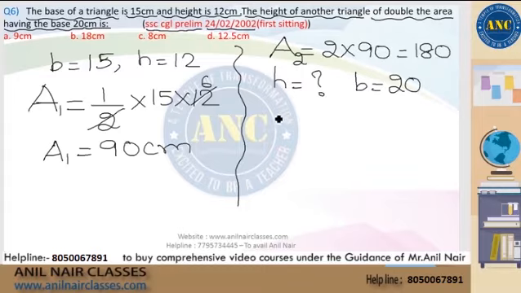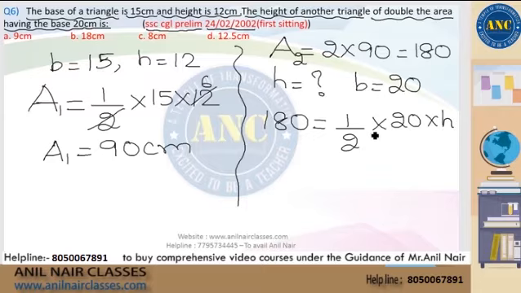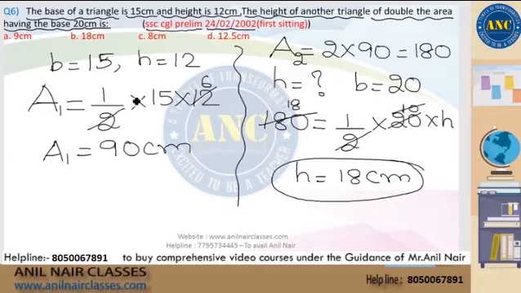That means 180 is equal to half into base 20 into height. 2 times 10 is 20, 10 into 18 is 180, so the height value is 18 centimeters, which is my option B. Very easy question, sir.